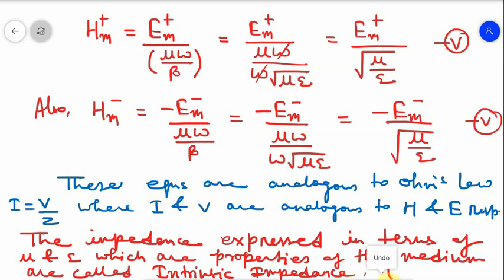Fine. So this intrinsic impedance eta equals what? It is Em plus upon Hm plus.